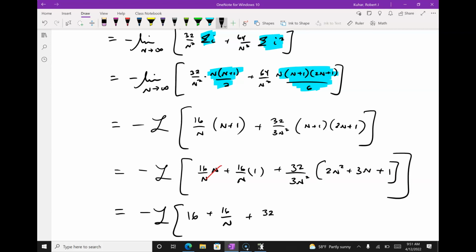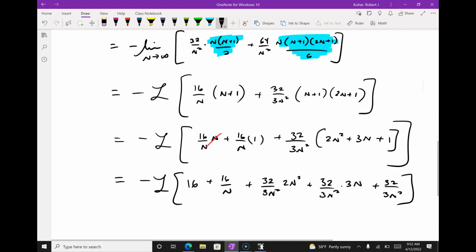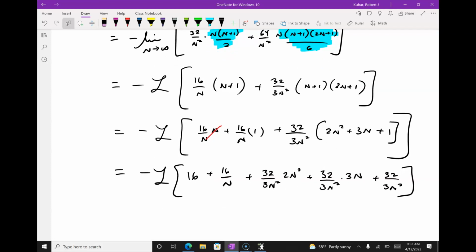I've got a 32 over 3n squared times a 2n squared, plus a 32 over 3n squared times a 3n, plus a 32 over 3n squared times 1. I want to simplify, but don't let me go too fast. Everybody with me? Anybody need a moment?